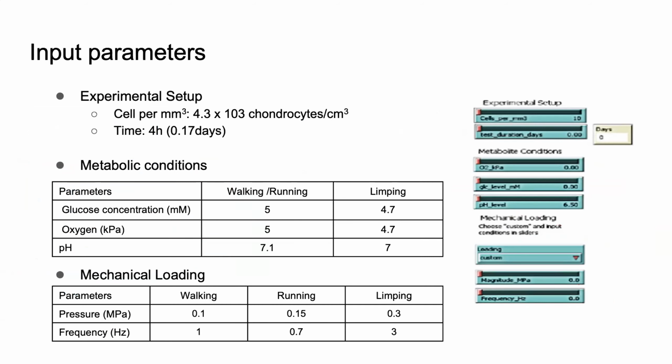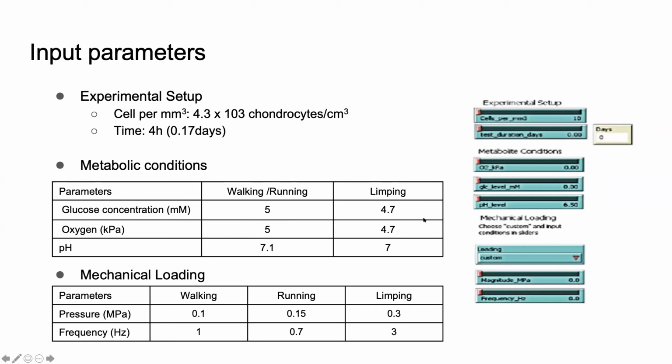According to the input parameters, we established that our model will start with 4.2 million chondrocytes per cubic millimeter, and we told our program that we want the experiment to take 4 hours. In terms of metabolic conditions, we defined for walking and running the conditions that we can see in the first table.